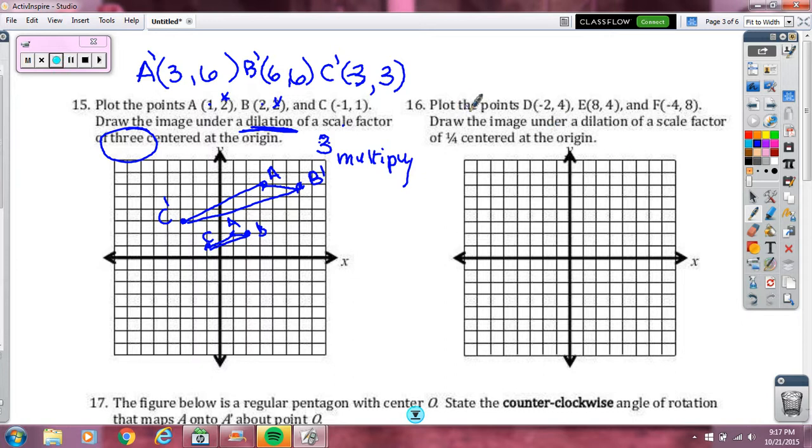For number 16, I'm going to have, I think, different points: -2, 4; 8, 4; and -4, 8.